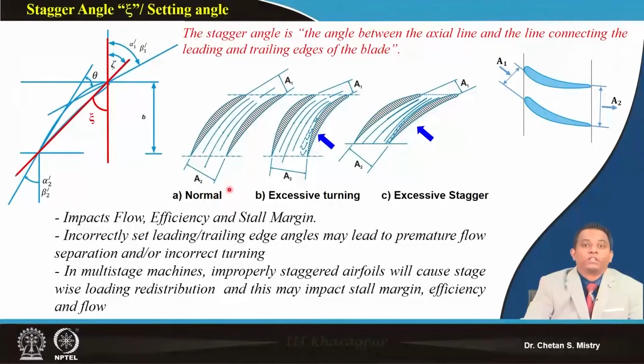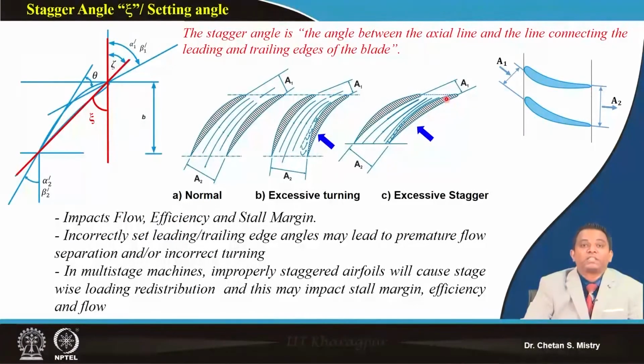If you consider the flow, that means the amount of flow through my blades or my rotor is set or adjusted by this stagger angle. So we say the swallowing capacity of our compressor is driven by this stagger angle. Second is in the sense of efficiency.